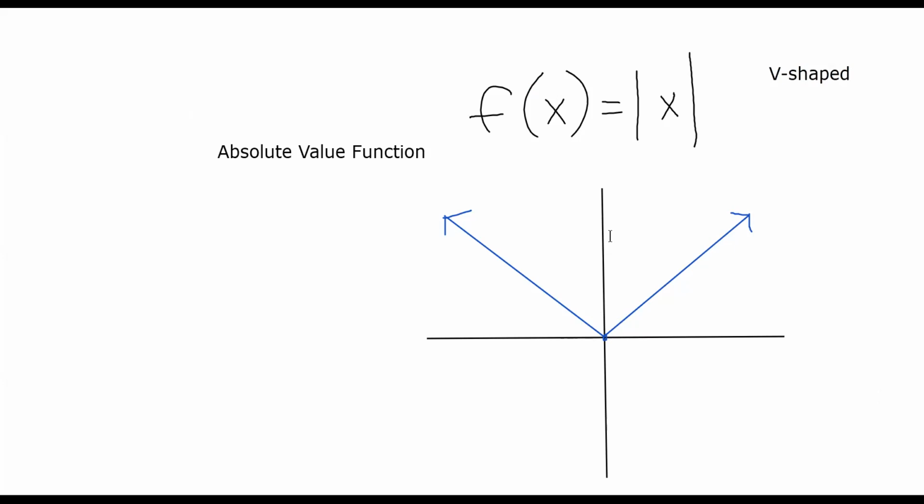Let's talk about, yeah, I guess this is a good one to talk about. We'll talk about one more. This one's kind of optional. It's kind of funky. It's called the greatest integer function.